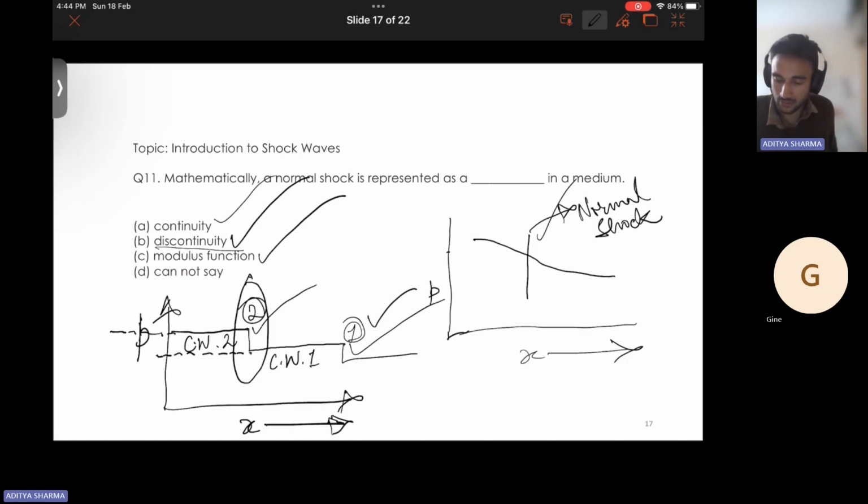Then we have the next question. So this was the discussion related to the discontinuity of the normal shock.